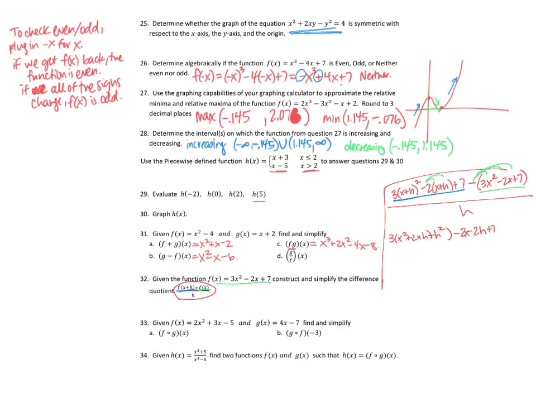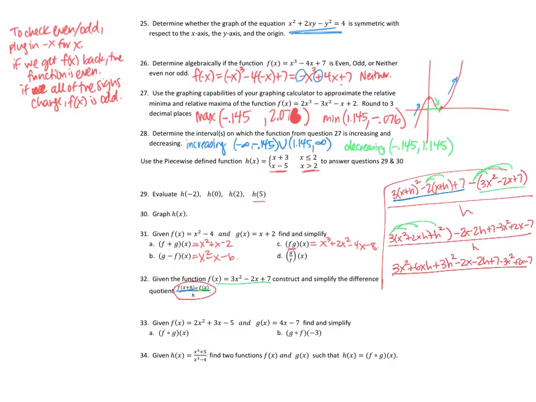And so I'll get minus 3x squared plus 2x minus 7. So let's see, all of that's going to be over h. So let's keep multiplying out on the top. I'm going to go ahead and distribute that 3 across all of those. So I'll have 3x squared plus 6xh plus 3h squared minus 2x minus 2h plus 7 minus 3x squared plus 2x minus 7. And so I think that is all.